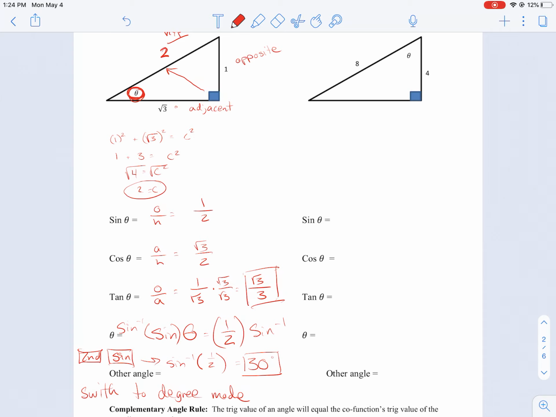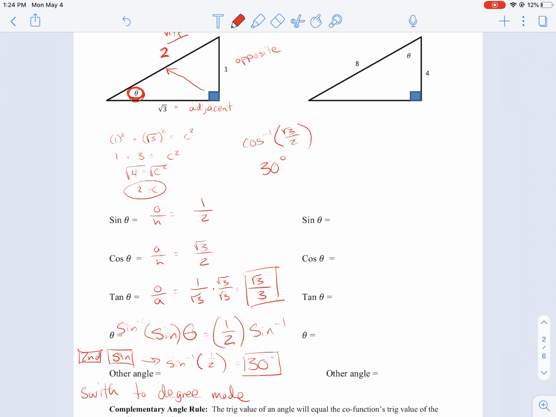Oops. All right. So if you type in second cosine, you should get a cosine -1, and you type in this right here. Now again, this is in degree mode. You should also get 30 degrees.